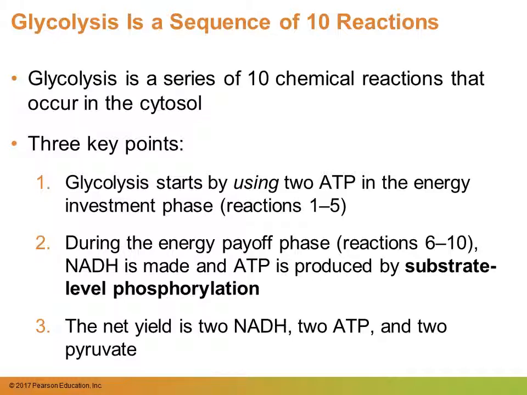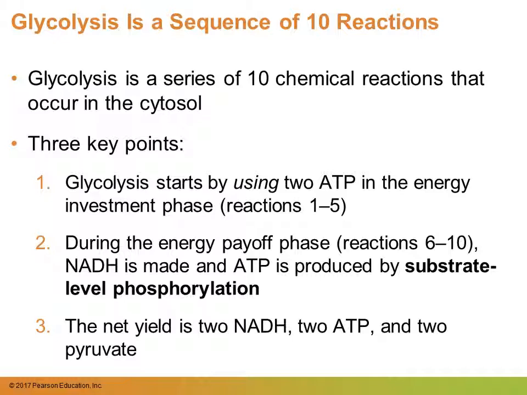So notice that ATP is produced in this step, and we call it substrate level phosphorylation. In other words, ATP is produced directly from the breaking of bonds in sugar, and that's why it's called substrate level phosphorylation. It also yields protons and electrons that are carried by NADH, a molecular electron carrier.